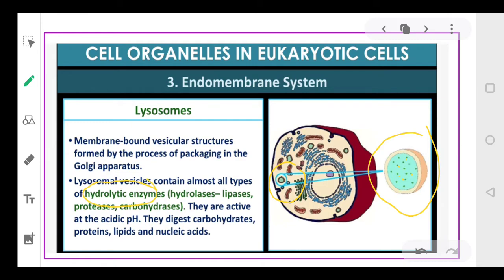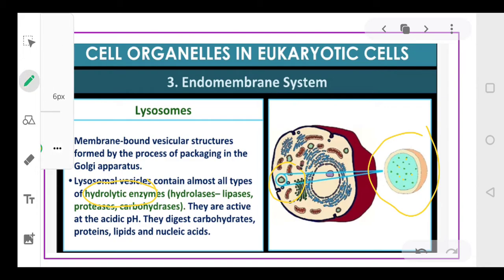So lysosomes have hydrolytic enzymes present inside them, and these enzymes are active at acidic pH. They can digest carbohydrates, proteins, lipids, and nucleic acids. So these enzymes can digest any cell, any foreign material which is present inside the cell.